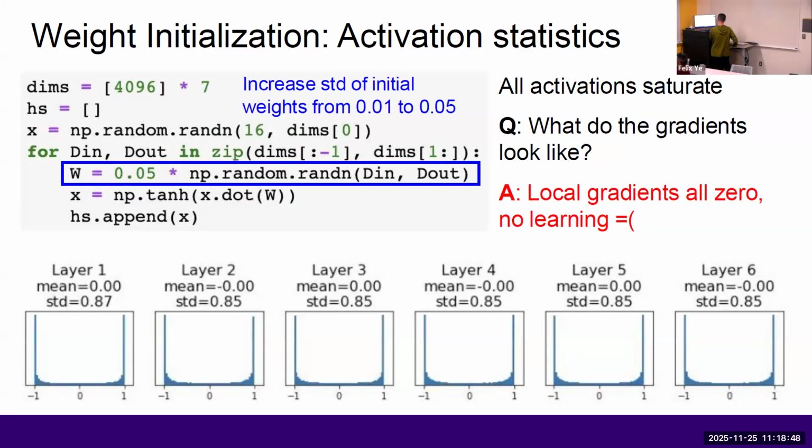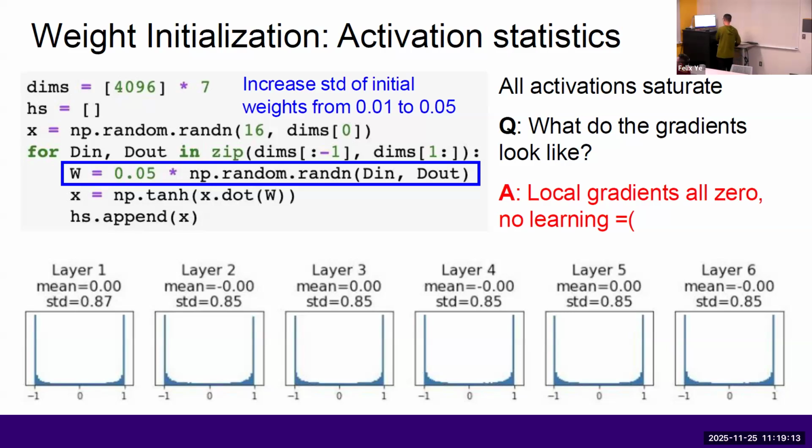And this is also really bad. Why? Because all my values are concentrated at -1 or 1. That means all my neurons are saturated, so the local gradient will all be 0 again, and there won't be any learning at all.